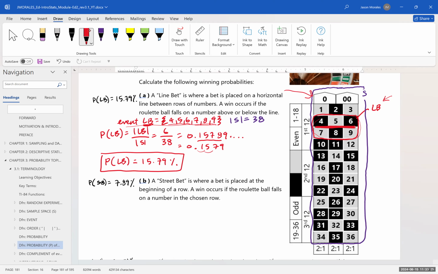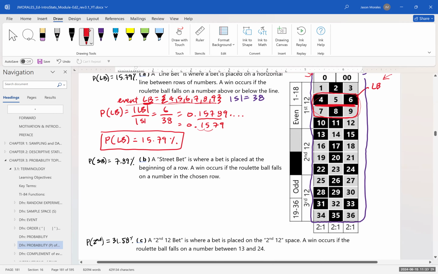Okay. Let's look at part B. So a street bet. So I'll change colors here. A street bet is a bet where a bet is placed at the beginning of a row. A win occurs if the roulette ball falls on a number in the chosen row.